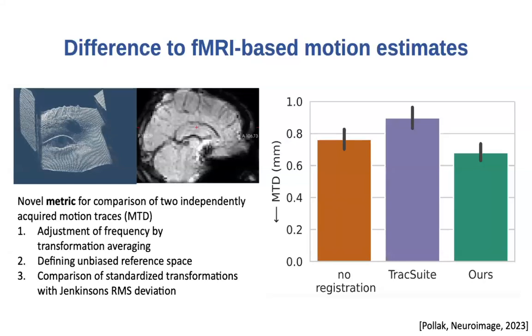So this is the difference between the fMRI-based estimates and the no registration, so zero, is larger than our method, which is expected, right? Because we expect the motion that we measure to be similar to the one in fMRI, so we expect low scores. But it seems like the vendor-supplied method is more different to the fMRI than just not estimating anything at all, which was quite surprising to us.